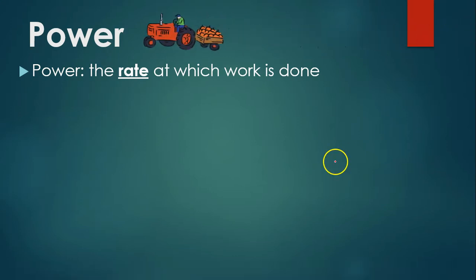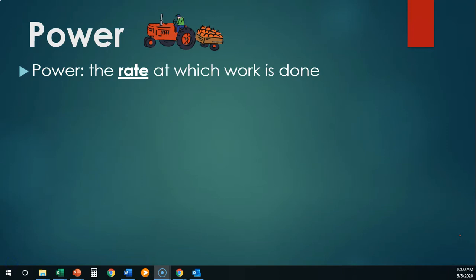So the concept here is similar to the concept of distance versus speed. If a cop pulled you over and said, "Do you know how fast you were going?" you wouldn't tell him 40 miles because your speed has two things going on.